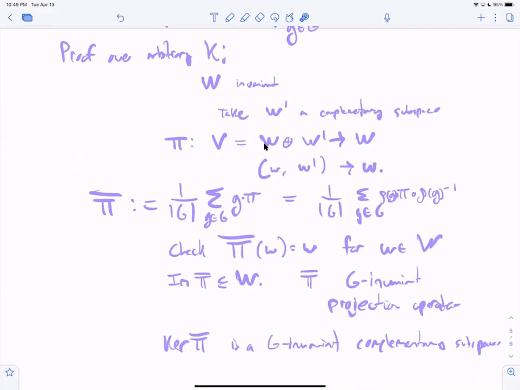So we could just take the arbitrariness at a different step. Instead of taking an arbitrary inner product, let's produce an arbitrary complementary subspace. We could take a complementary subspace, take the projection operator corresponding to that, and then average that projection operator. And this eliminates our dependence on having a reasonable notion of inner product.